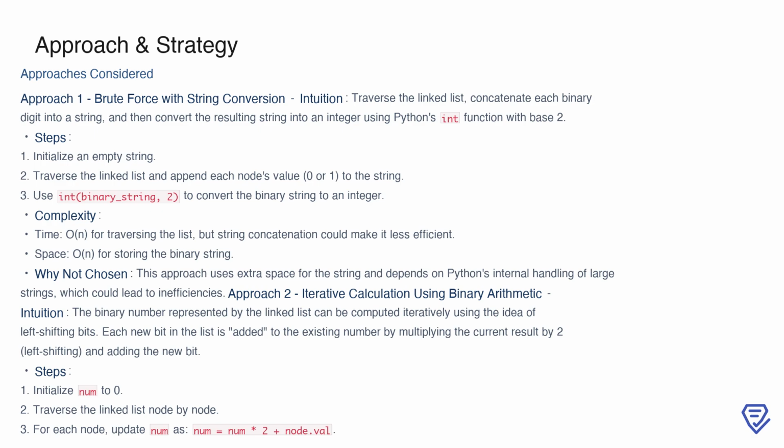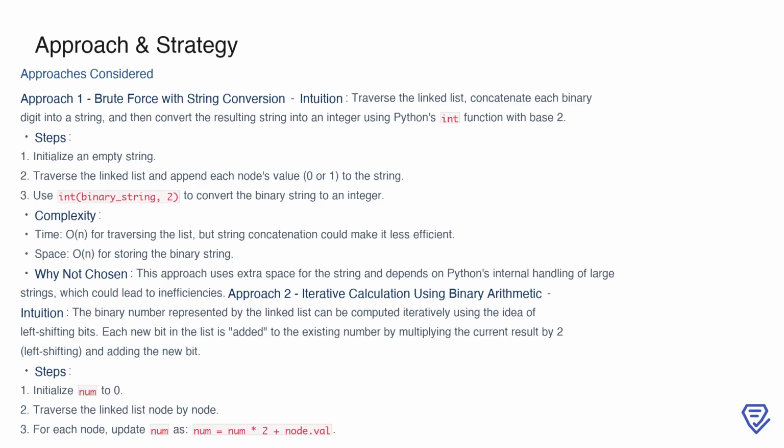While the implementation is simple, it comes with some drawbacks. The string concatenation process can be inefficient, especially for long linked lists, as it requires additional space proportional to the number of nodes. This also relies heavily on Python's internal handling of large strings, which could introduce performance bottlenecks. For these reasons, this approach was deemed suboptimal.